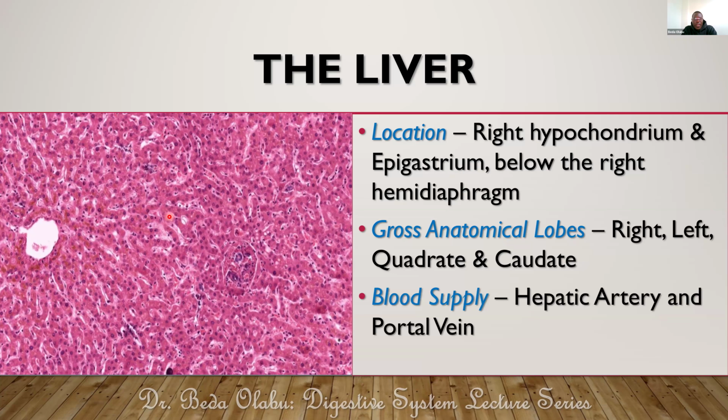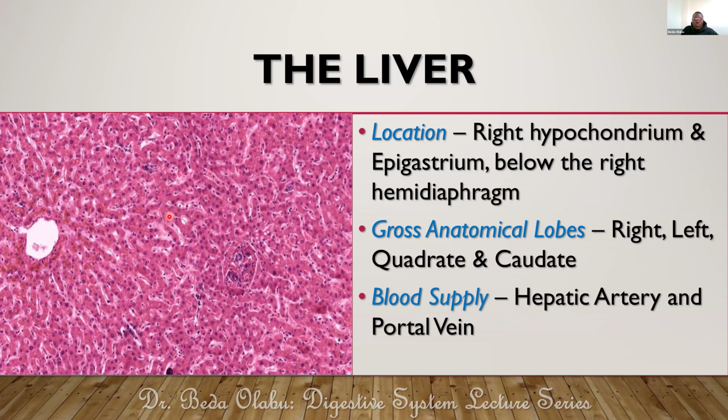In terms of blood supply, and this becomes important in how we are going to describe the story of the liver, so that's why I'm mentioning it. The liver receives two sources of blood supply. Oxygen comes in through the hepatic artery, a branch of the celiac trunk. And then nutrients come in through the portal vein.